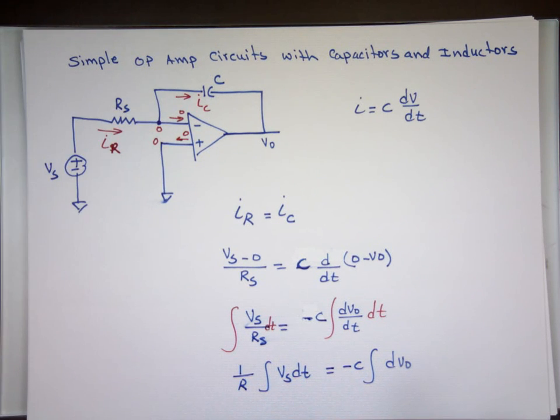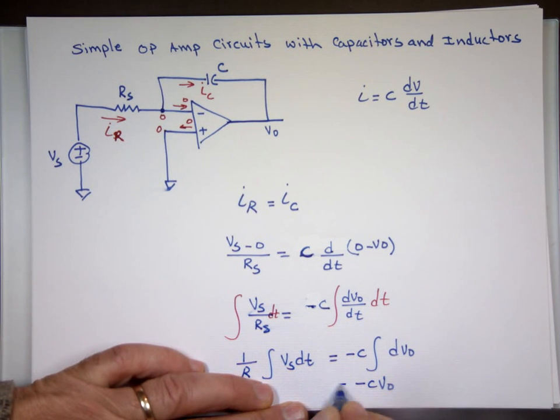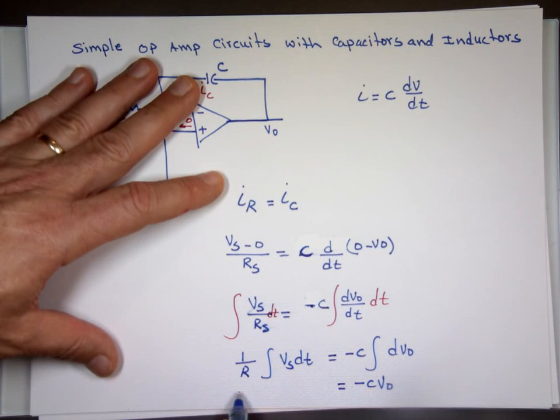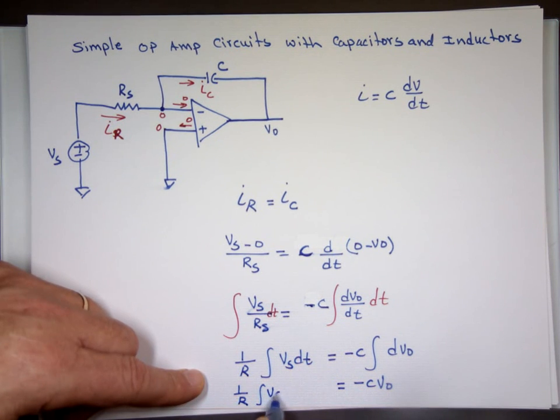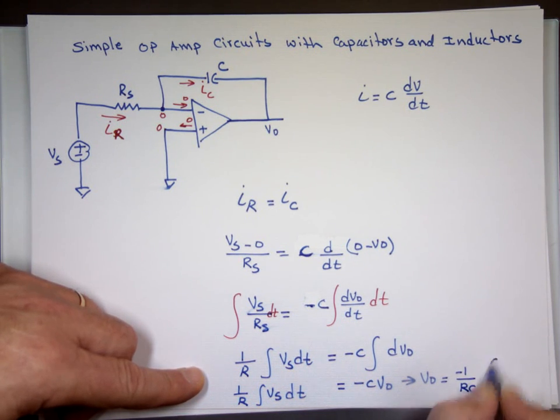And what's the integral of dV out? Isn't that V out? This will be 1 over R, the integral Vs dt. Can you solve for V out? It's negative 1 over RC, the integral of Vs as a function of time dt.